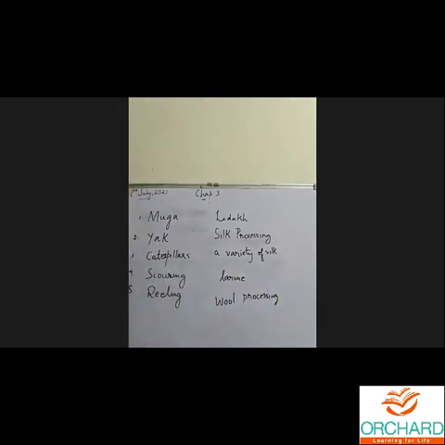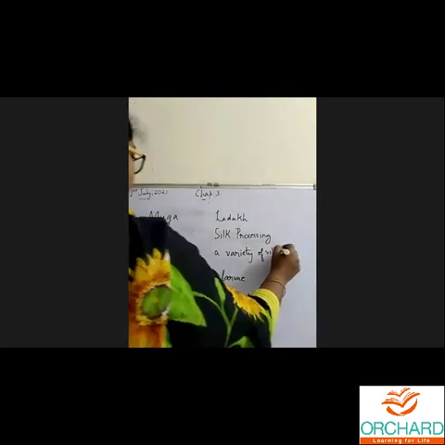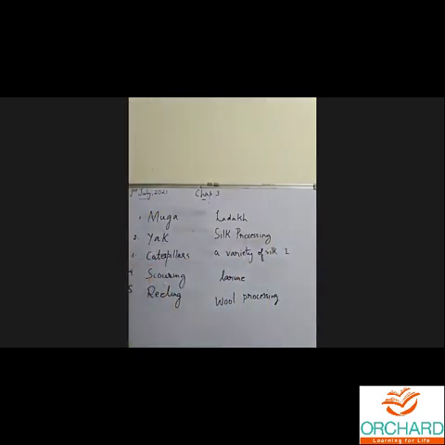Now tell me which should I match with what? Muga. Muga is a variety of silk. Very good. Yak are found in Ladakh. Very good.